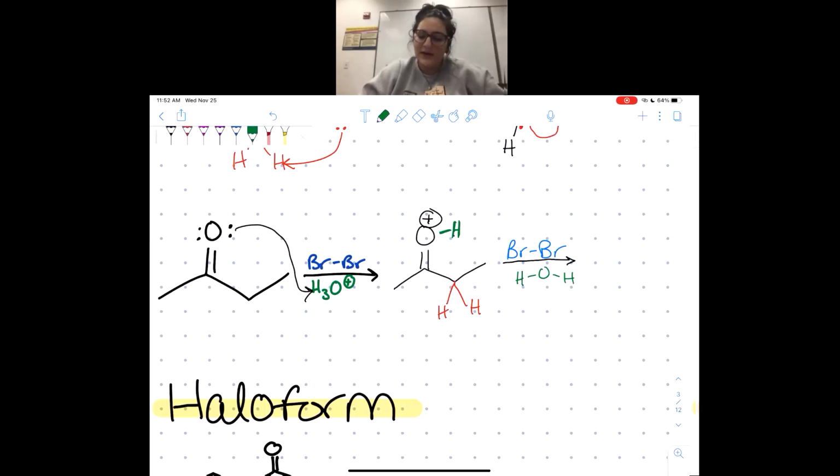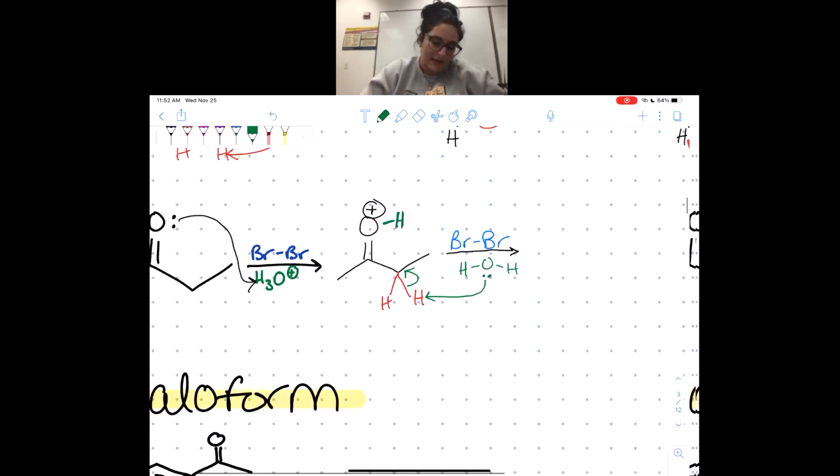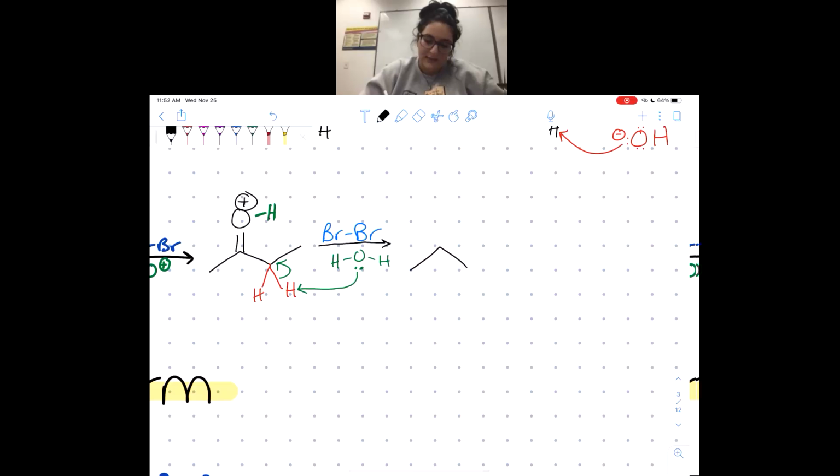So is water a terrific base? No, but it does the job. So it's going to come in, steal a hydrogen, give those electrons back. And so we get still a plus here. Now we got a minus here. And now we're pretty much in a similar boat as we were in the reaction above.